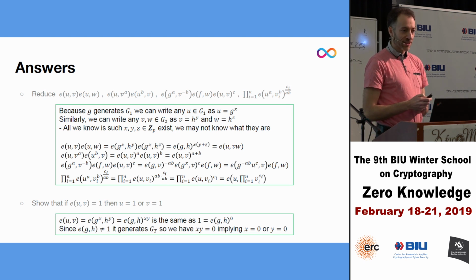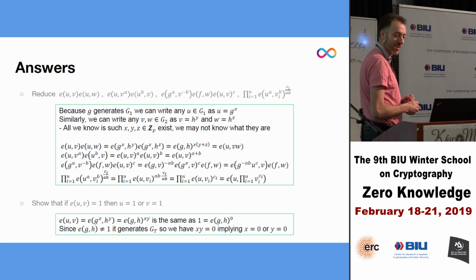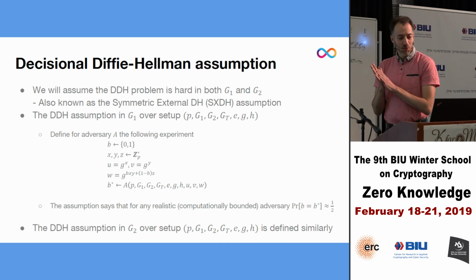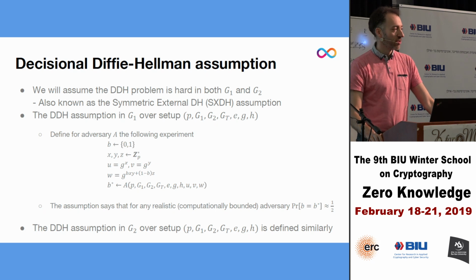Okay, so I think and hope at this stage that you are familiar with the operations on the pairings. And let me then state the assumption that I'll be working on. So as I said, we are assuming that we're in a type 3 setting, so there are no efficiently computable isomorphisms between the two source groups.